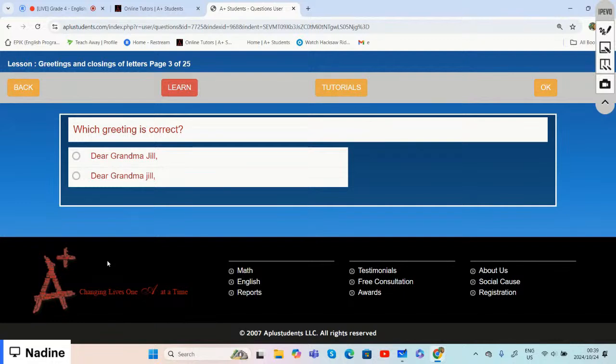Which one is correct? Look at the name of the person and how it is written.